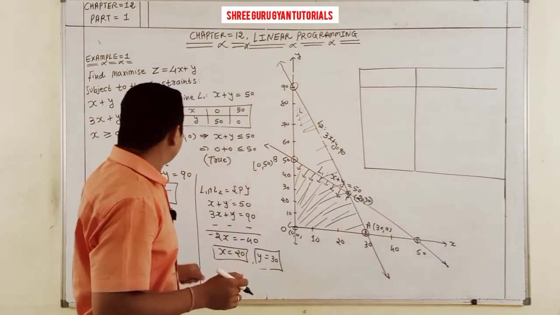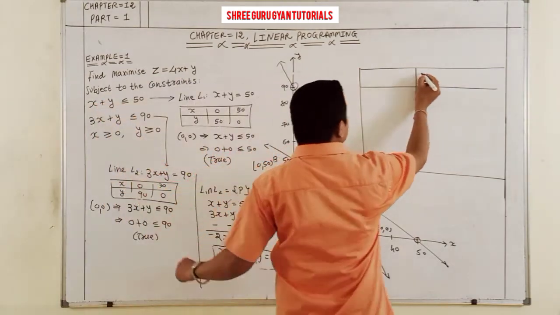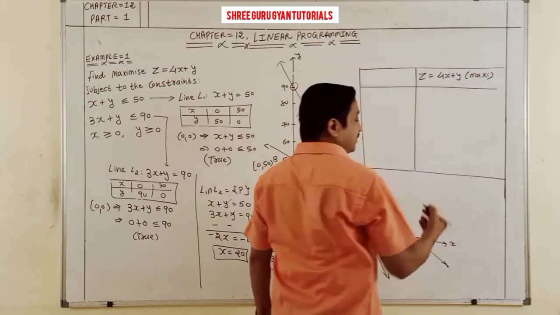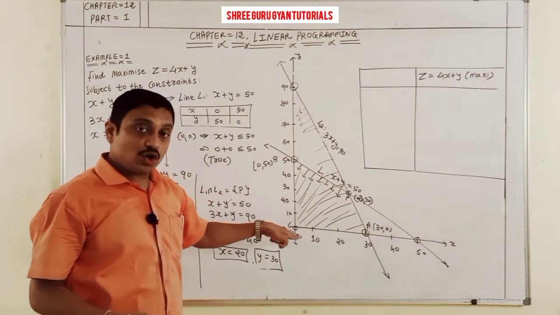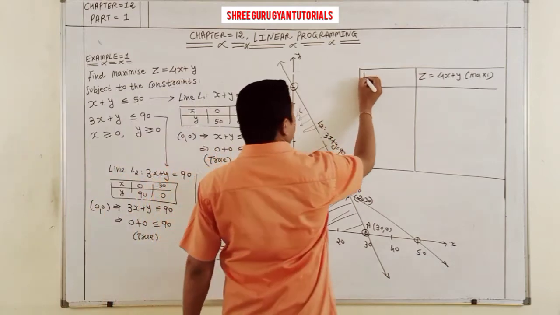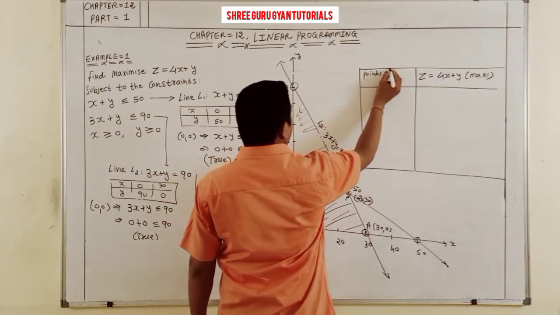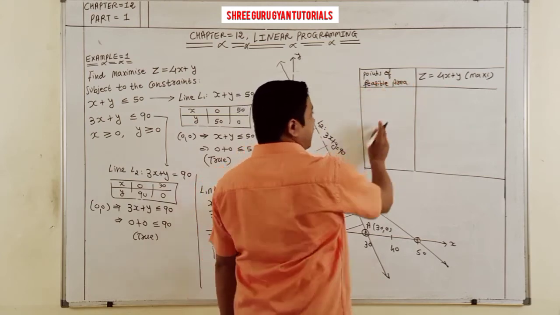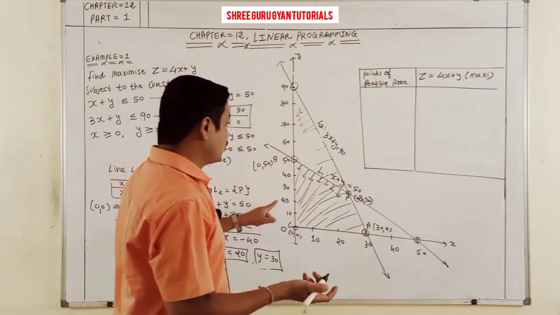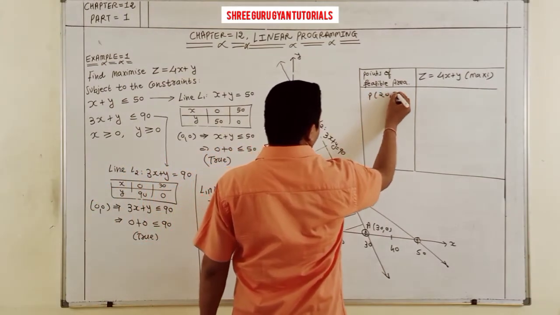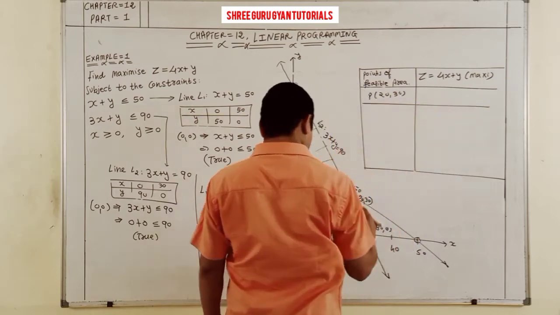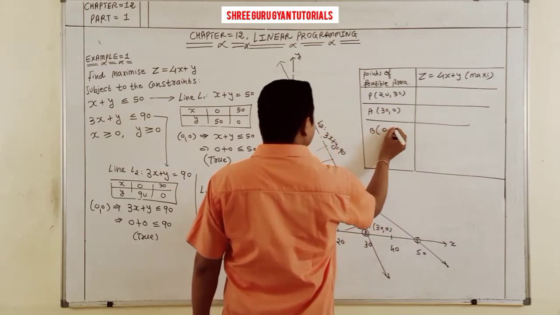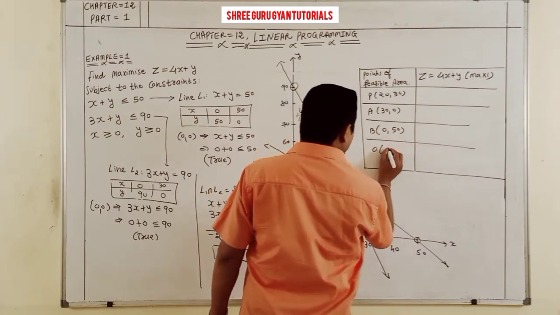Last table: z = 4x + y, with maximum as the target. Here are the points of the feasible region: first P (20, 30), second A (30, 0), B (0, 50), and lastly O (0, 0).